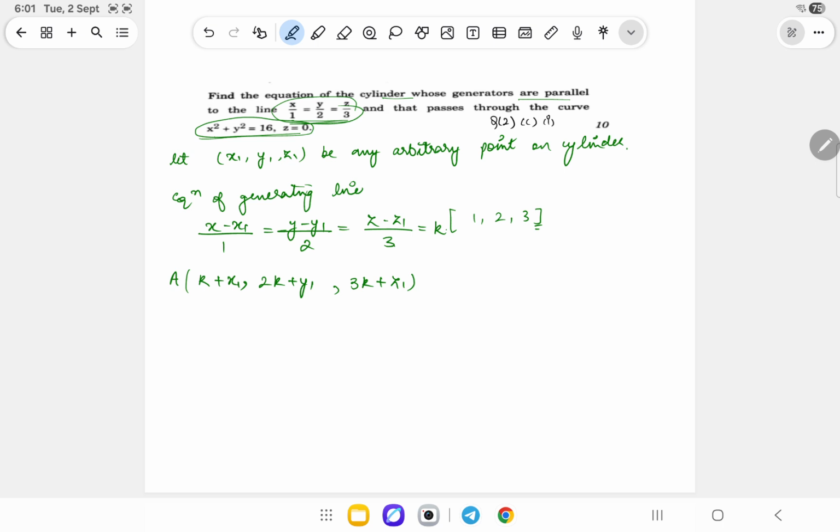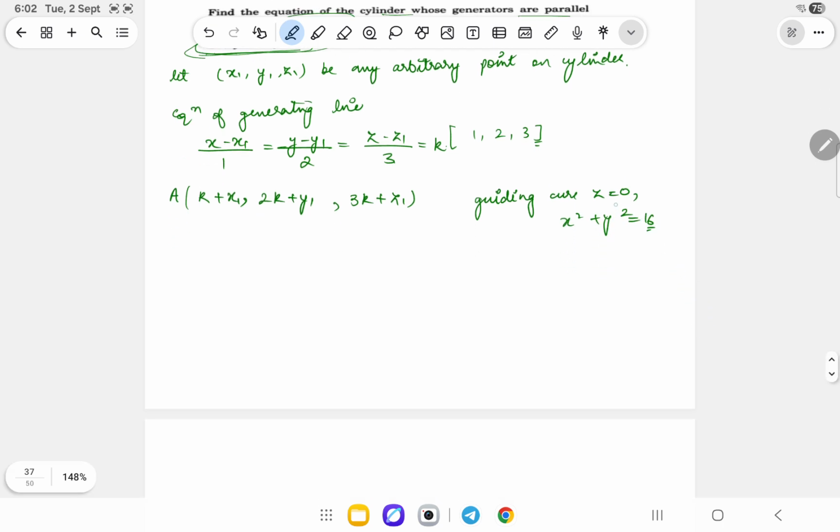The question says that the generating line passes via this curve. The guiding curve is given to me as z equals 0, x square plus y square equals 16. Since in the guiding curve z equals 0 and the generating line is intersecting the guiding curve, I can equate the z ordinate of point A with 0.